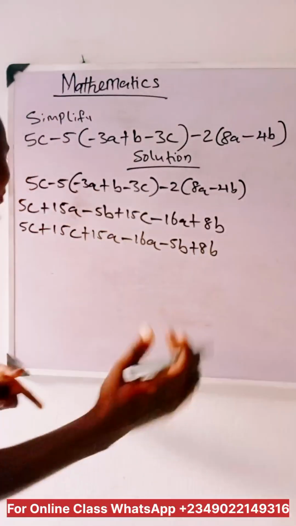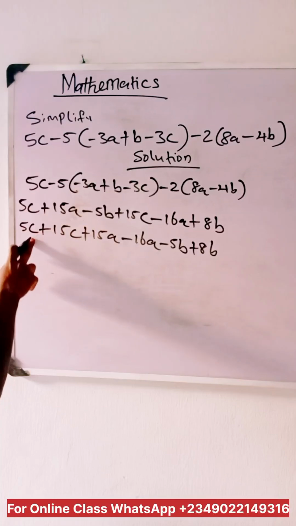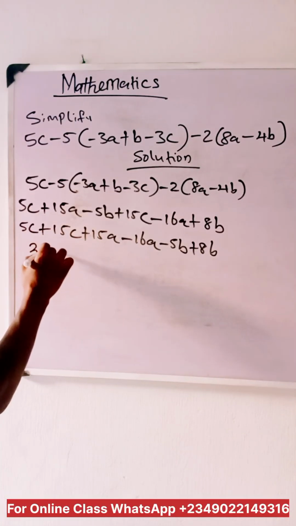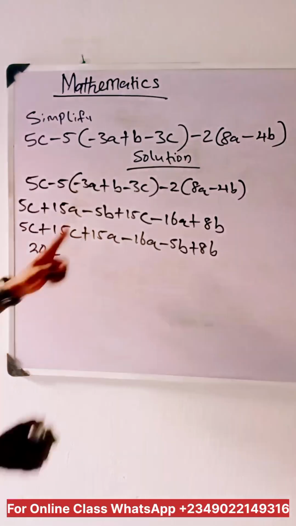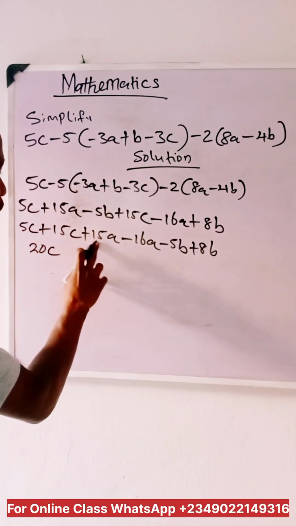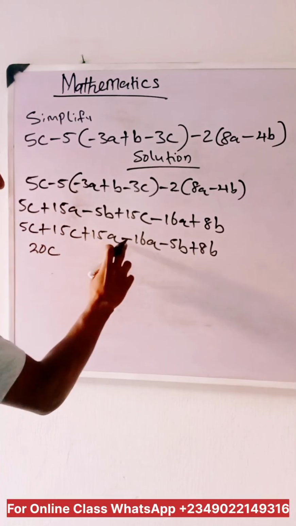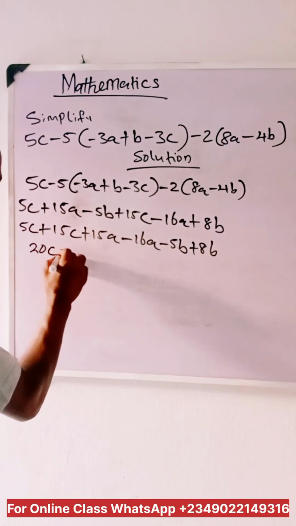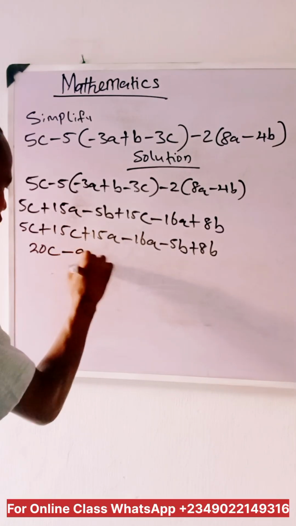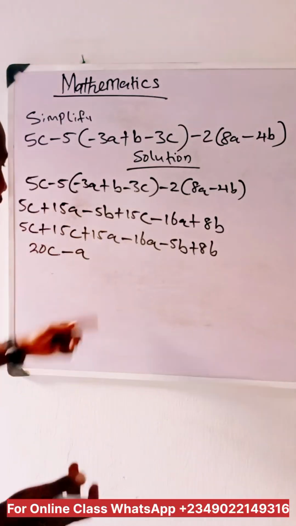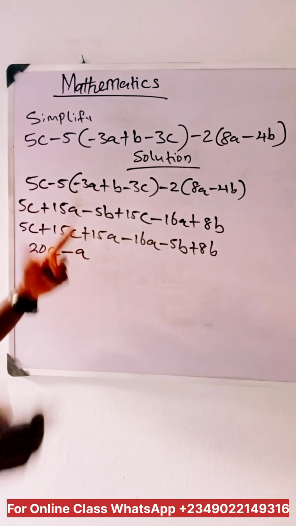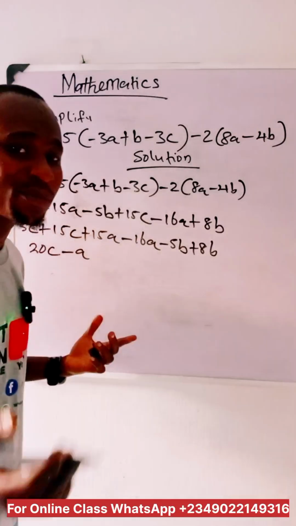Okay, now let's simplify it more. 5c plus 15c, this is going to give me 20c, right? The next one is plus 15a minus 16a. This is going to give me minus a. Ordinarily, you should say minus 1a, but a is having an invisible 1.